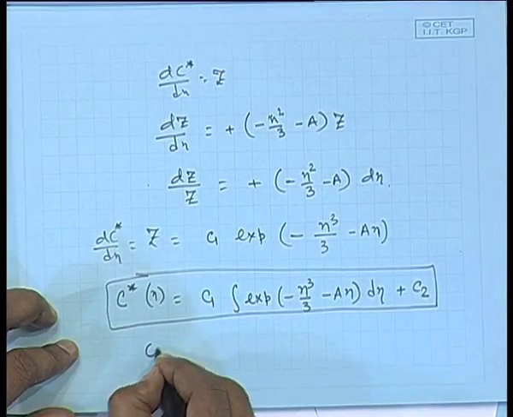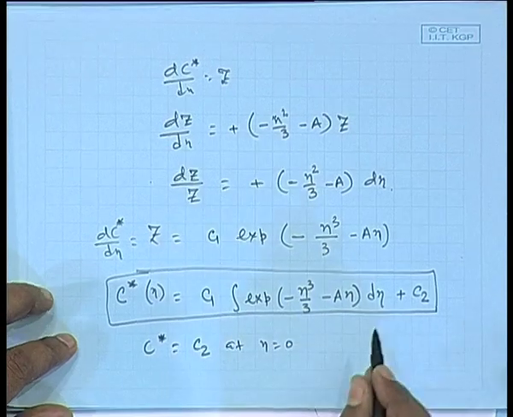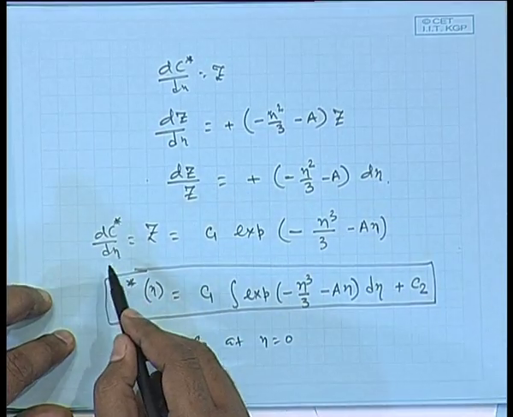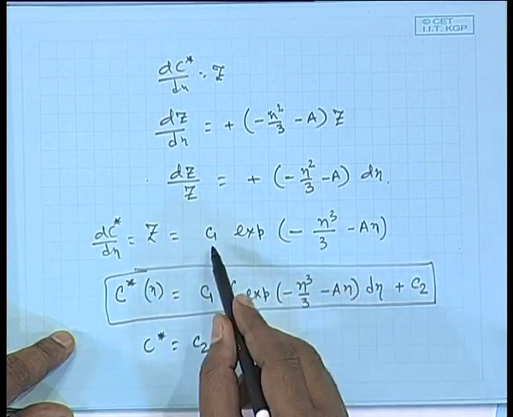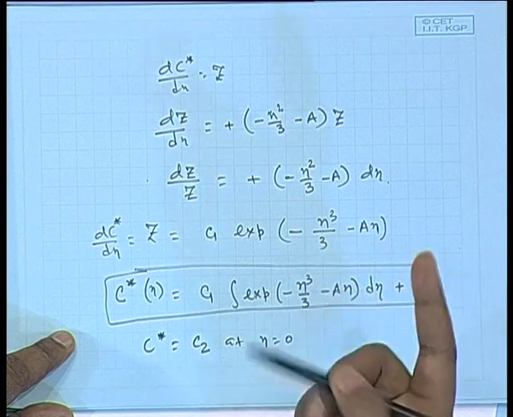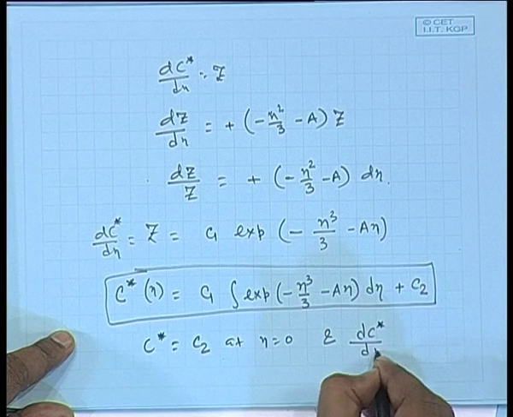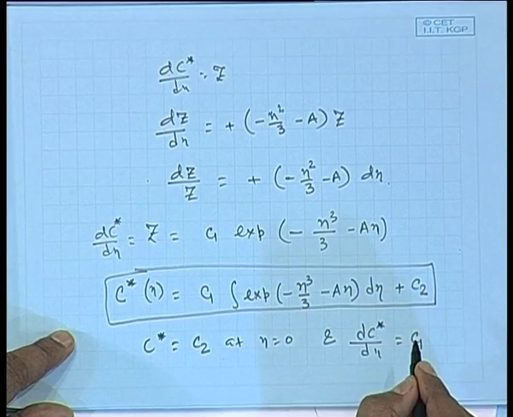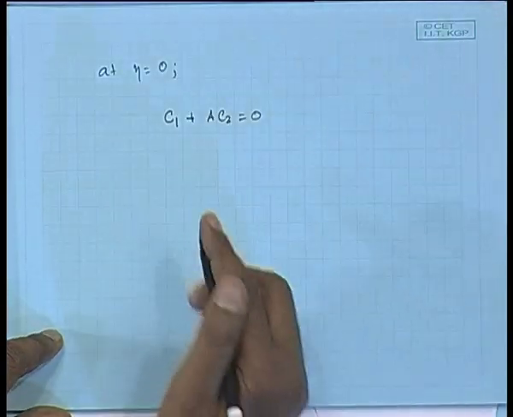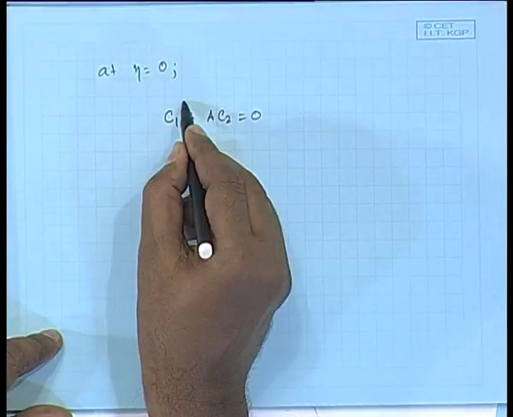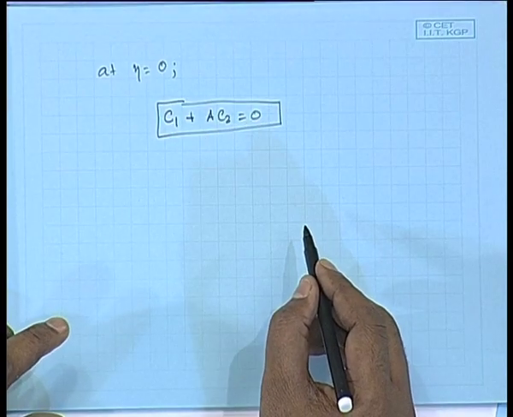The C star will be equal to C2 at eta equal to 0. And what is dC star d eta at eta equal to 0? dC star d eta will be C1 only, because exponential 0 will be 1. So, dC star d eta will be equal to C1, right. So, at eta equal to 0 you will be getting C1 plus AC2 is equal to 0. Everyone is convinced?